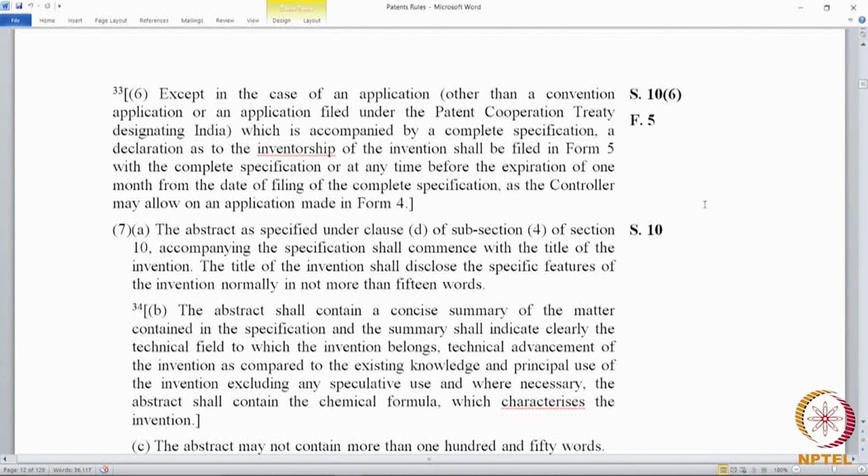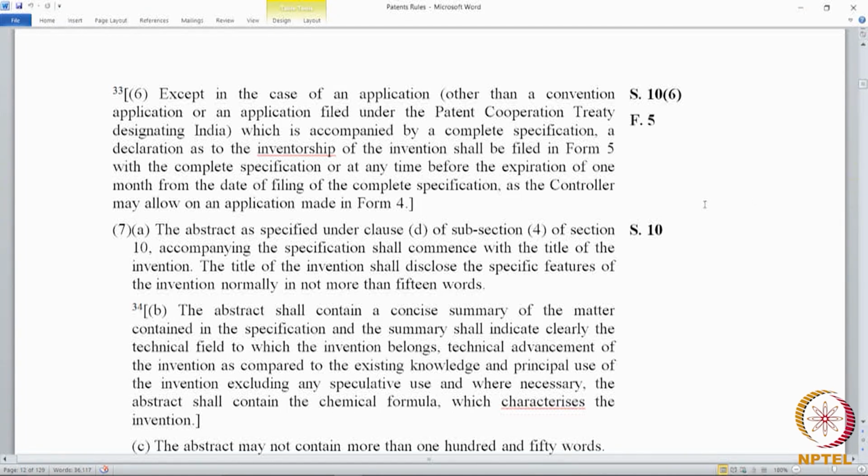Now, here in rule 13(6) it is explained that except in the case of an application other than an international application which is accompanied by a complete specification, a declaration as to inventorship of the invention shall be filed in form 5 with the complete specification. That's option number 1. You could either file it with form 1 and form 2, or at any time before the expiration of 1 month from the date of filing the complete specification, as the controller may allow on the application made in form 4.